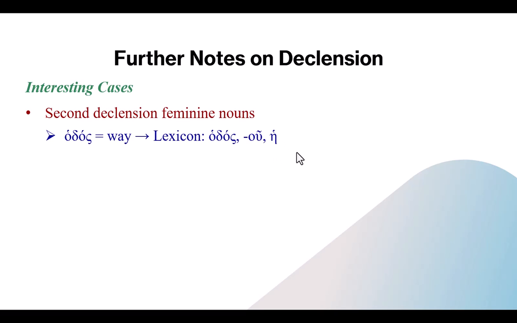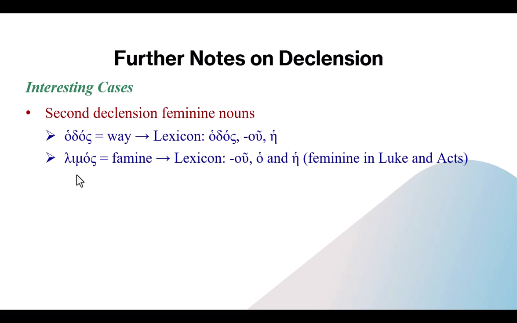And there's a handful of these in the New Testament. One interesting example is limos, famine. The lexicon says that it has an omicron upsilon genitive, but then it says that it could either have a masculine or a feminine definite article. So in Luke and Acts, it's feminine. In other places, it's masculine.